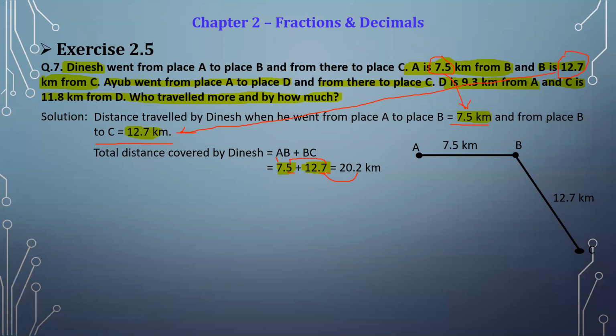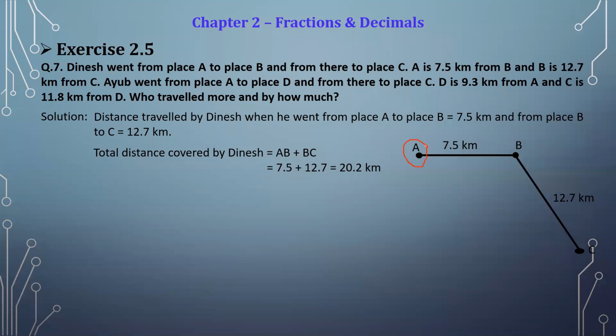Now the decimal part is completed, so we keep the decimal point in our answer. That's why we kept the decimal point before that 2. Now we just add the integral part: 12 plus 7 is 19, and with the remainder 1, 19 plus 1 is 20. Therefore the addition of these two is 20.2 kilometer. 20.2 kilometer is the total distance traveled by Dinesh from place A.